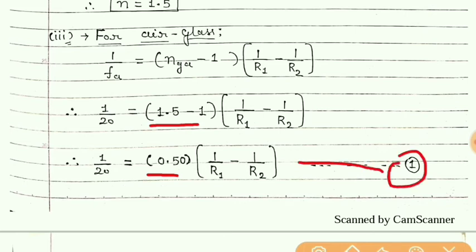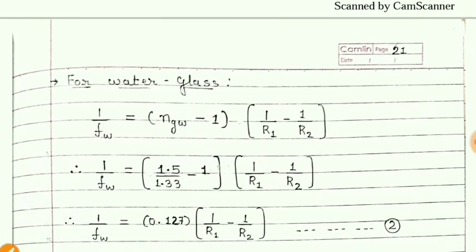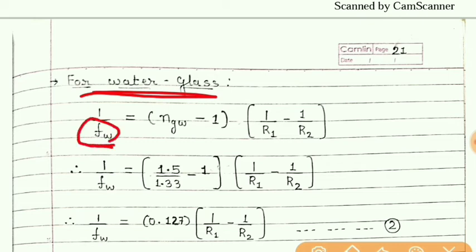Now the same lens is kept in water. So for water glass interface, 1 upon Fw means focal length in water.